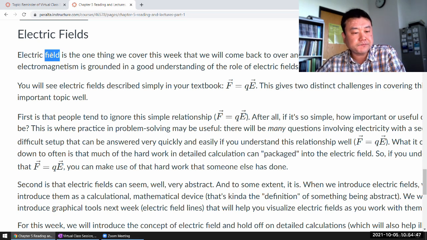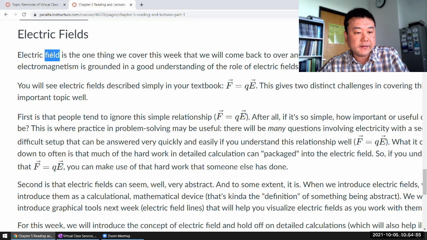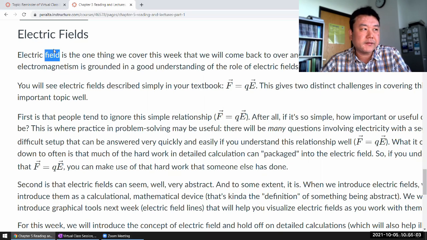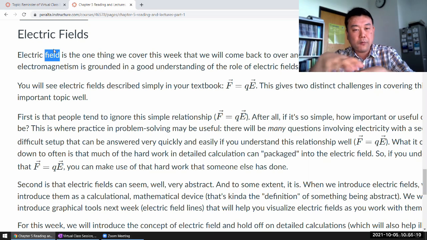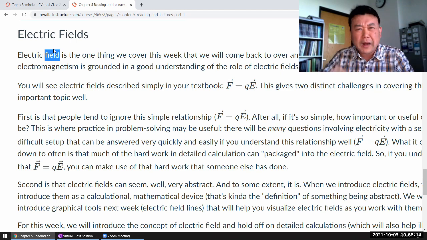There are a few different sources of motivation for introducing a field. There's a more modern reason, especially after you cover special relativity. The concept of a field is what allows you to have a force between things in a local way, without spooky action at a distance. But that's a more modern physics reason. We don't really need to invoke that.